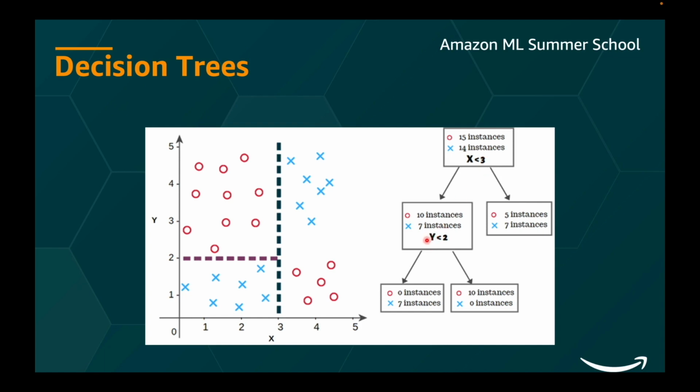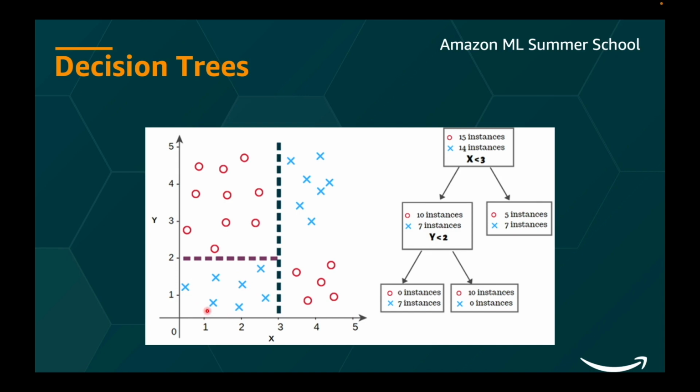So y less than 2, that means this is one other partition that has come up even within the partition of x less than 3. So now this part has been partitioned. And so you can see over here, when y is less than 2, it's done a perfect split of this data. All of the red points are on this side, and all of the blue crosses are on this side.